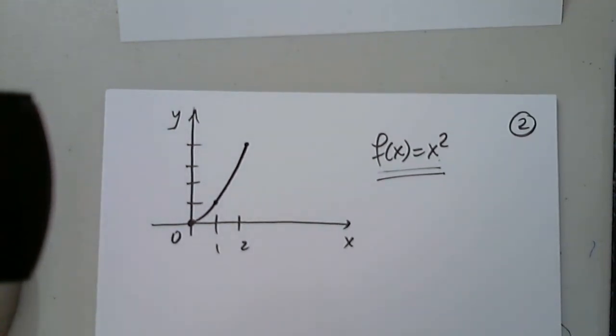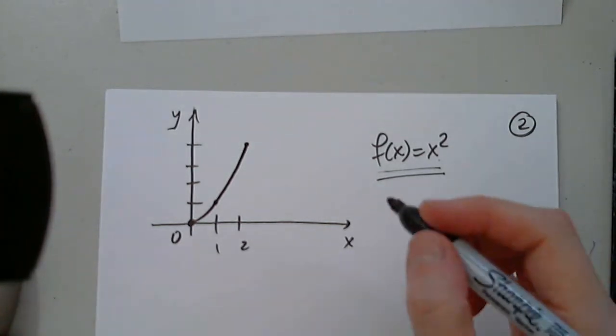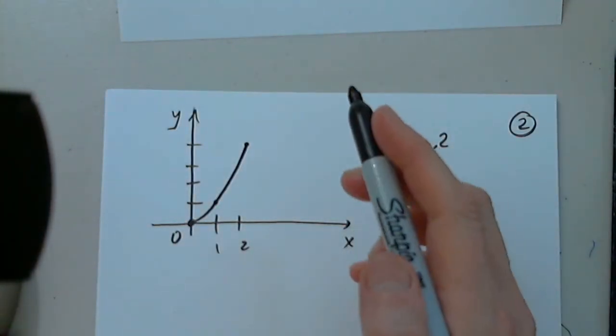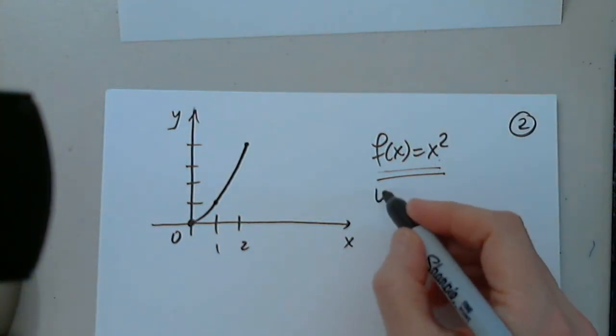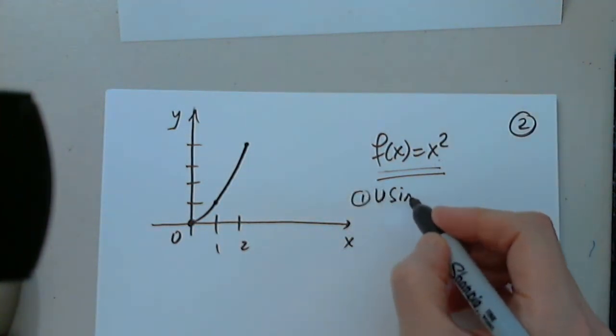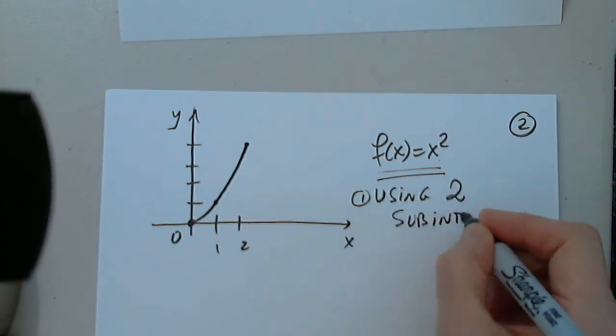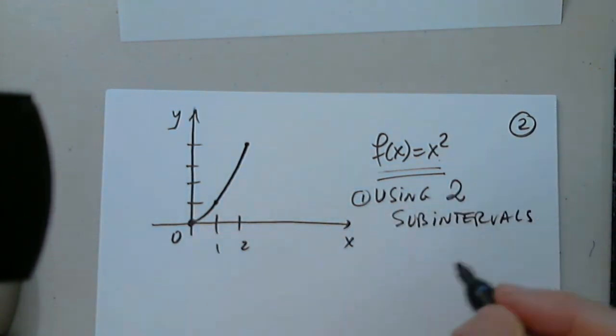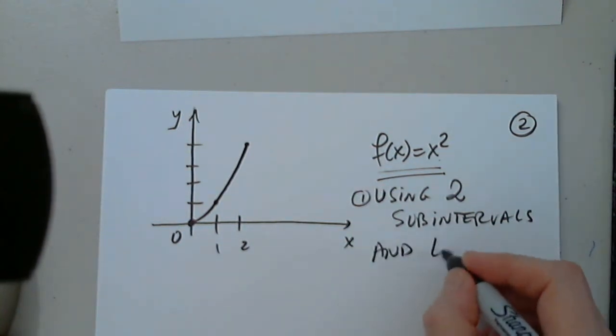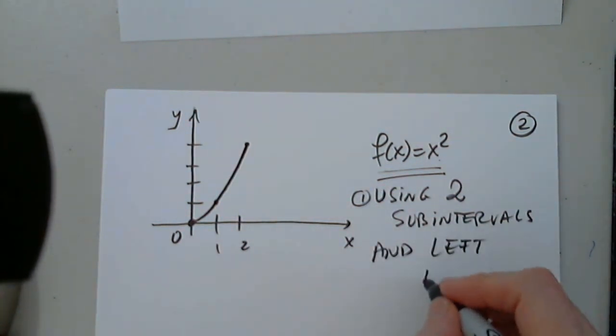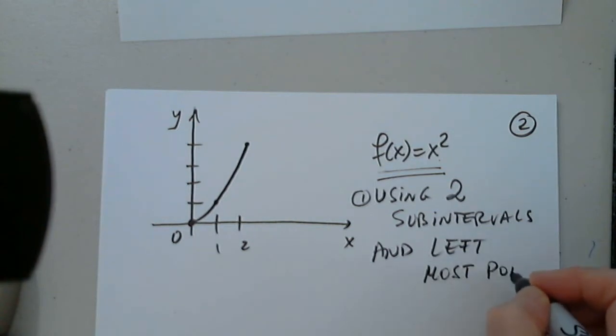Okay. Let's say we want to estimate, first, number 1, using 2 subintervals and the leftmost point.